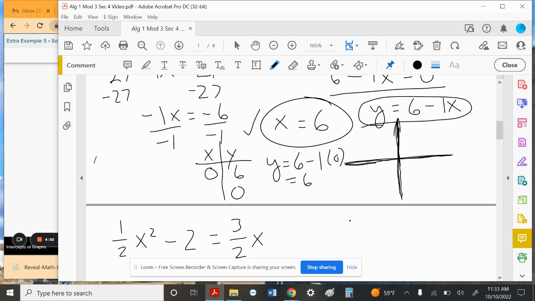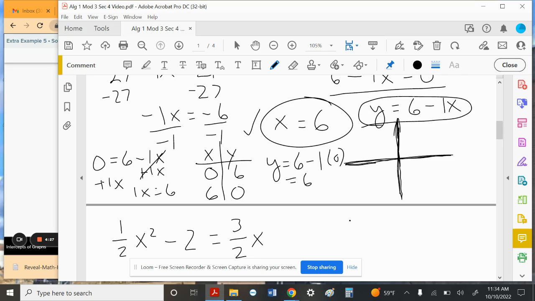I'm then going to pick y equal to 0. So I get 0 equals 6 minus 1 times x. I'm going to add 1x to both sides so those cancel, making the value in front of the x positive. So I get 1x equals 6, or x just equals 6. So there are my 2 points.